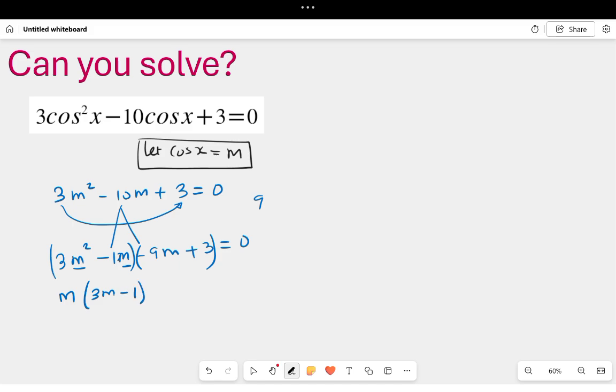And then between negative 9m plus 3, the common factor here is negative 3. So you have negative 3 outside the brackets times 3m minus 1. Then finally, our answer from factorization is going to be m minus 3, 3m minus 1, which is equal to 0.